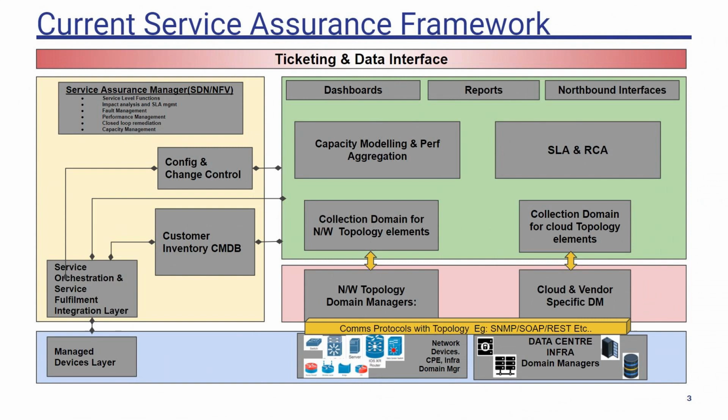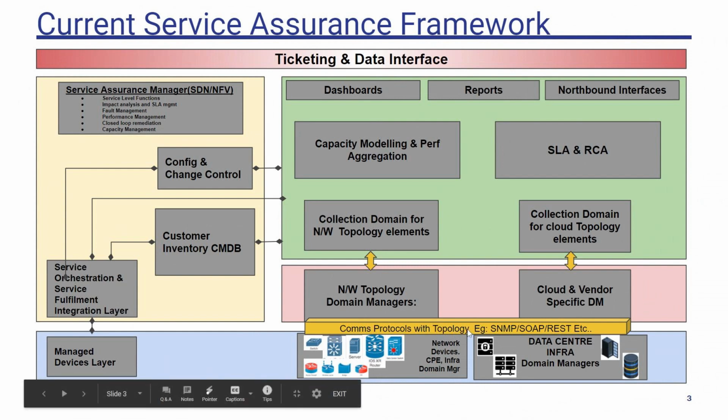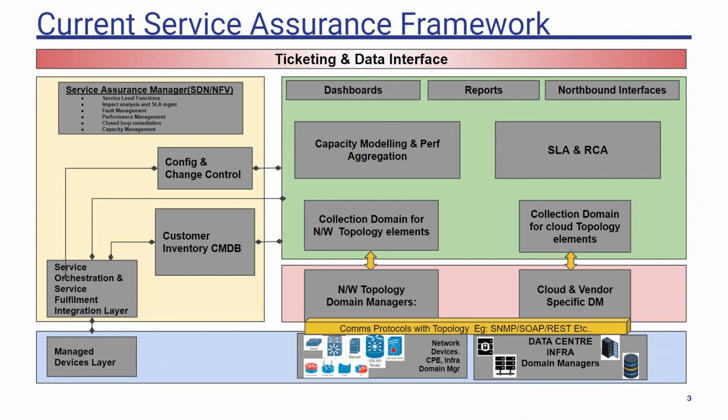Now, there are many protocols that can be considered between these topology elements and the domain managers. If you can see my mouse hovering, these communication protocols are SNMP, SOAP, REST. These are some of them. If we talk about web services protocols, then you have SOAP and REST.